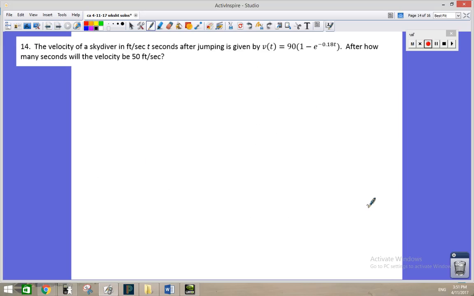Alright, so let's take a look at this problem. Again, it's a word problem. The velocity of a skydiver in feet per second, t seconds after jumping, is given by this equation. After how many seconds will the velocity be 50 feet per second?